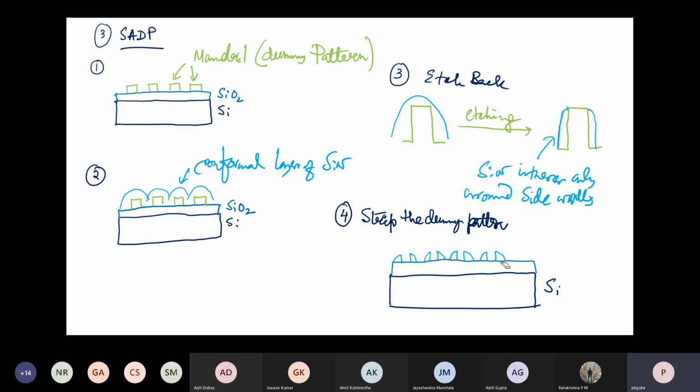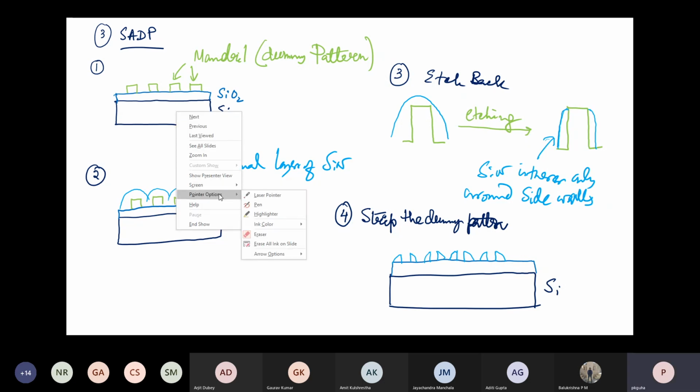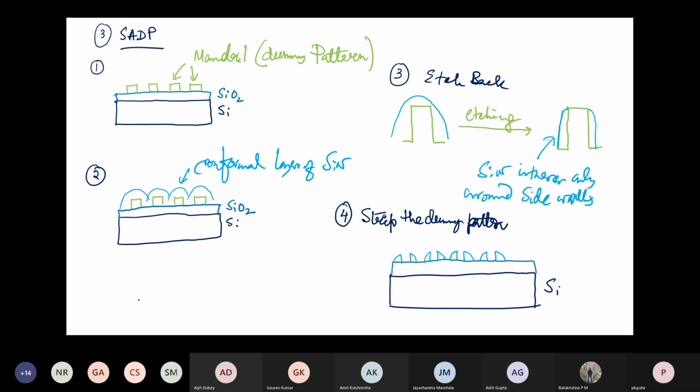So one can etch this. Here you etch SiO2, using this masking layer of SiN.